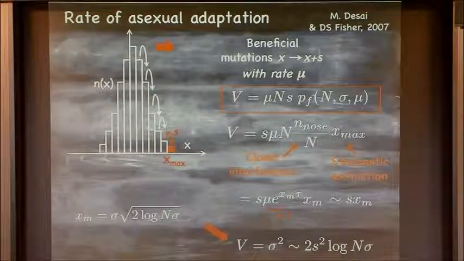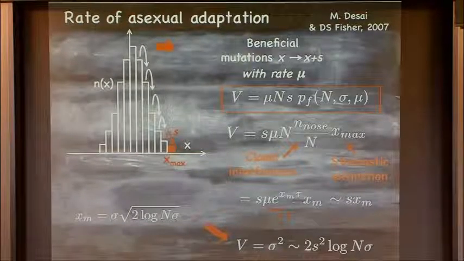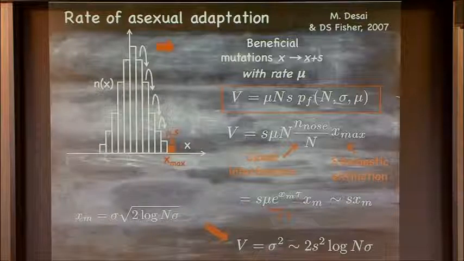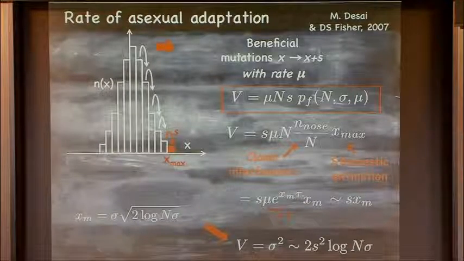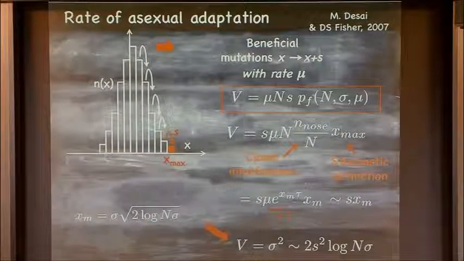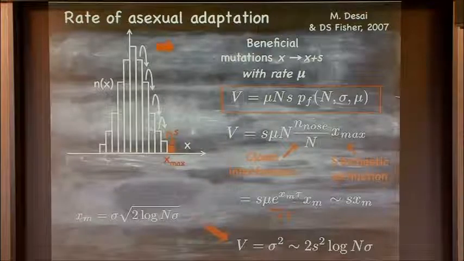There are all these many clones that are generated by mutations in different backgrounds, and they're all competing. But only a small fraction of them are going to survive. And now, if you actually work out what this arithmetic tells you, with my simplified arithmetic here, I think there are some experts in the audience who are going to immediately correct me that this is not quite the right result.